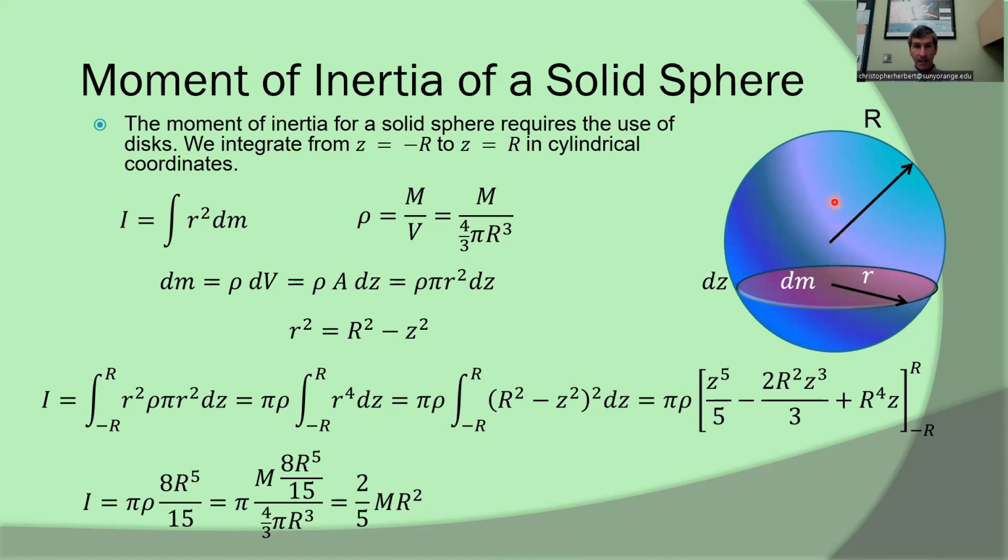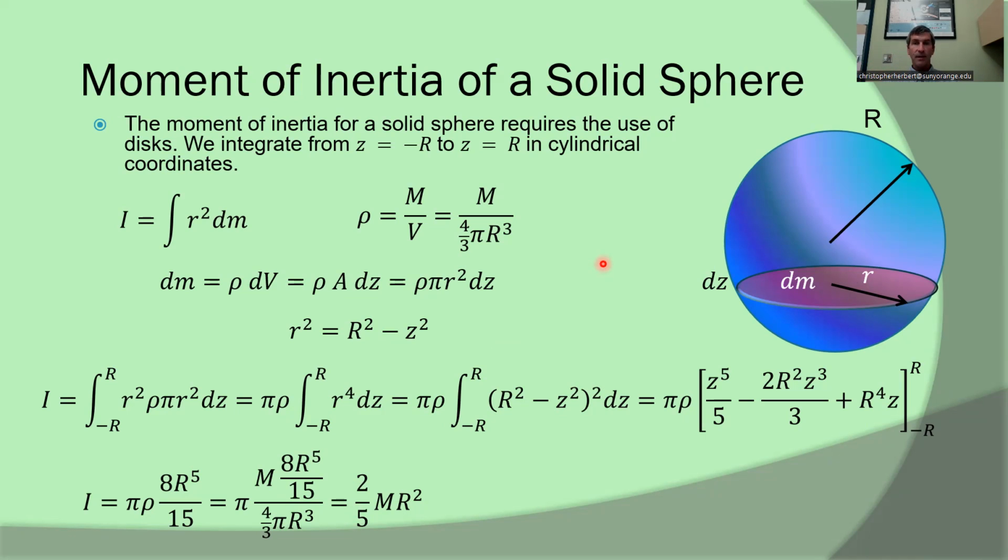We're integrating here in the z direction. I know it's a sphere, but we're actually using polar coordinates here. I get this, which simplifies to 2/5 m r squared. So that's where we saw our solid sphere had a moment of inertia less than the disk.